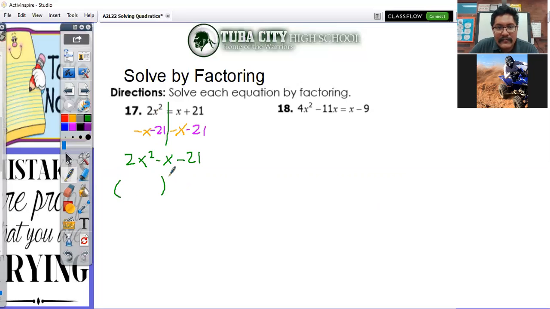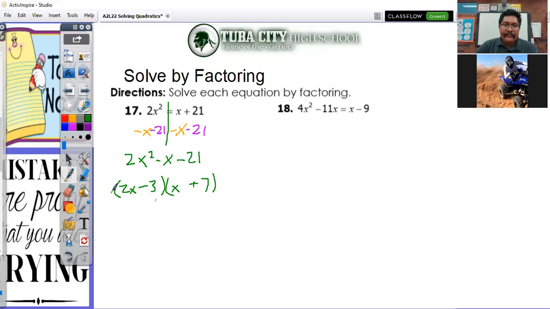And that is going to be 3 times 7. Don't lie, that's exactly what you were thinking. But it needs to be negative, so one of them has to be positive and the other has to be negative. So let's go ahead and just assign, I don't know which one it is. Could be either one of these.